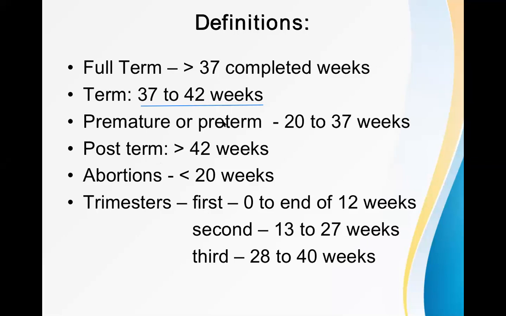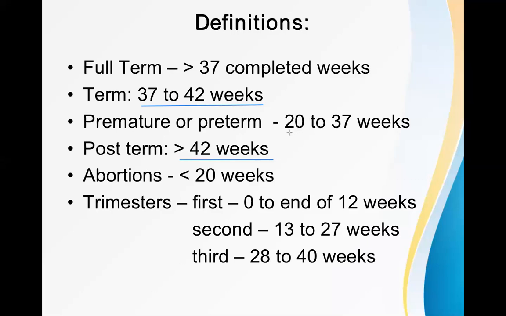Now, one important point here, both preterm and post-term pregnancies are not considered normal. There are lots of complications which you can expect in both of them, preterm as well as post-term. Okay, these are special classes in themselves, so we have to deal with this later on. Today we will mainly focus on definitions. So once again, term 37 to 42 weeks, preterm before 37 weeks, post-term more than 42 weeks.